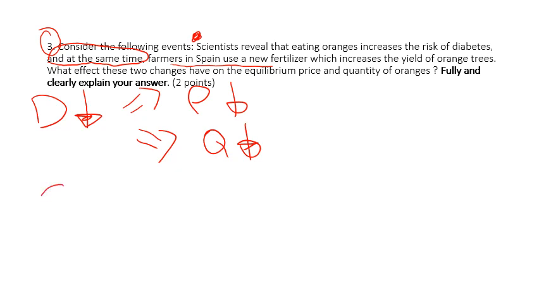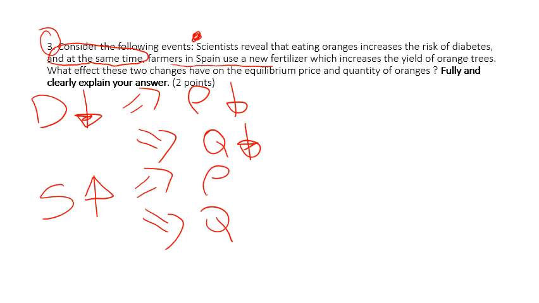So that is a supply event. This would cause supply to increase, a rightward shift of the supply curve. So what effect will that have on price and on quantity? Well, if supply increases, if this rightward shift of the supply curve occurs, that means that the price will go down and the quantity will go up.